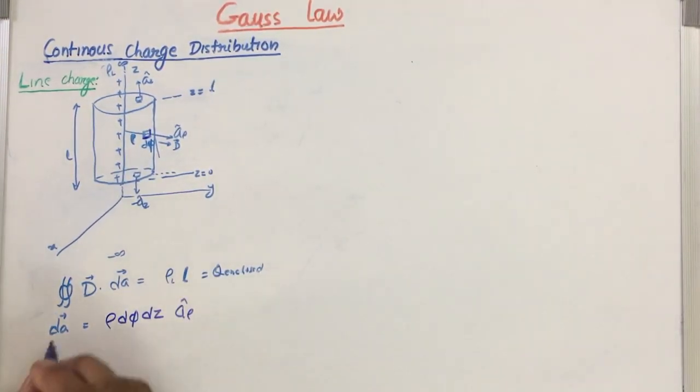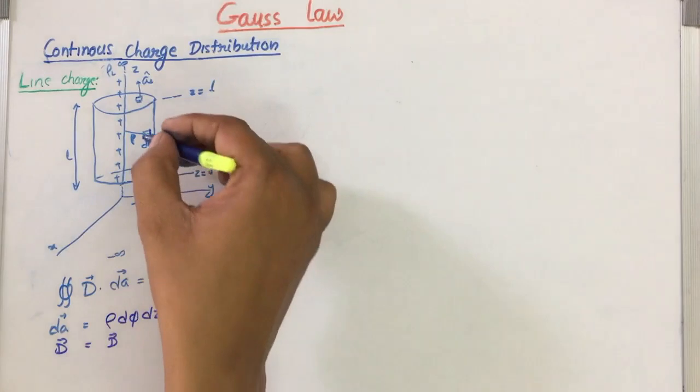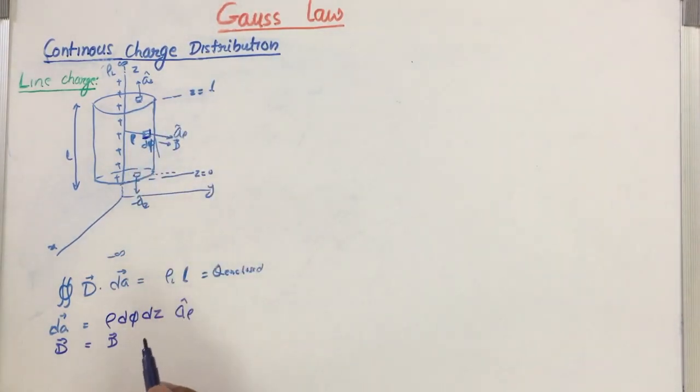And what about D? D will be in the direction of a rho, so we can write D rho a rho.